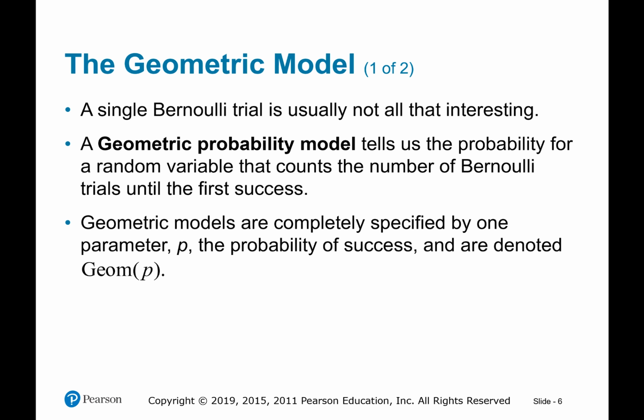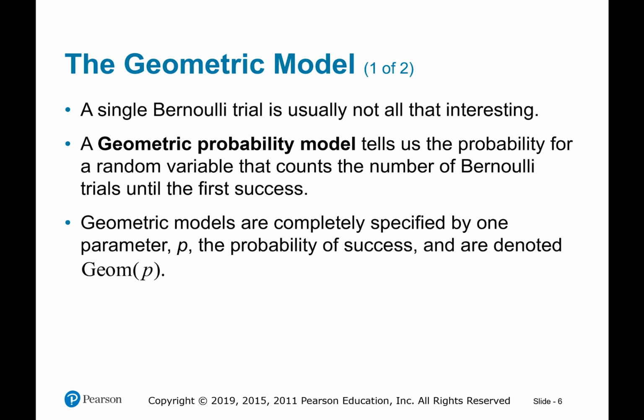If you'll take a short little walk down analogy lane here: on an Algebra 1 test, you're not going to be asked a question about variables. You're going to be given an equation and asked to solve for the variable. It's the same kind of thing here with these 2 models. They're all based on Bernoulli trials, but they're not going to ask you anything specifically about a Bernoulli trial.